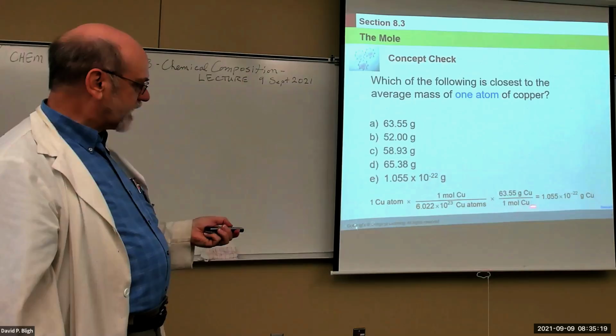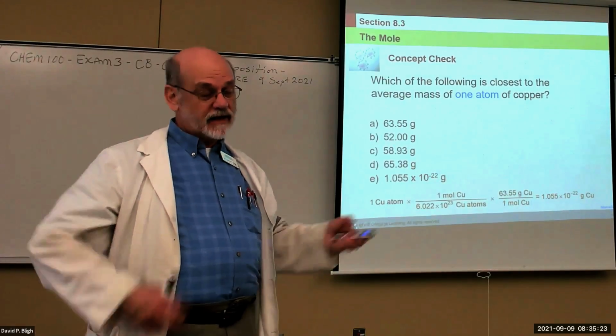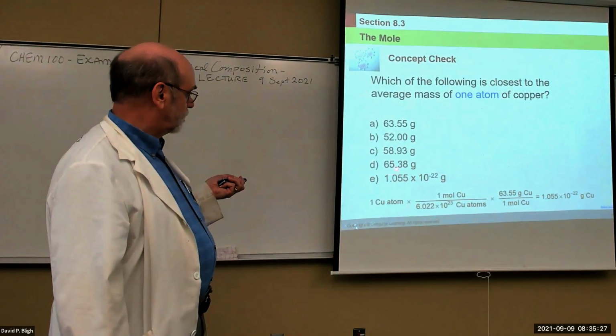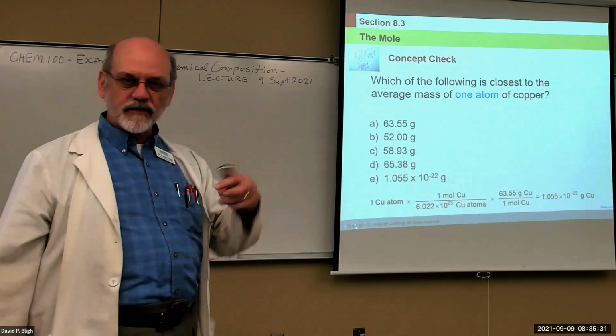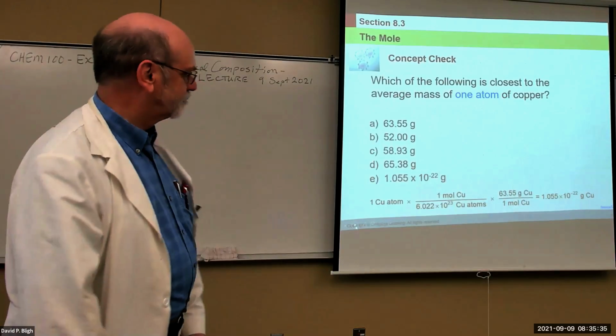And then we can actually calculate this value. I took this from the authors of the textbook. I should modify it and put different values in here that are on the level of an atom. Then you'd actually have to calculate it.